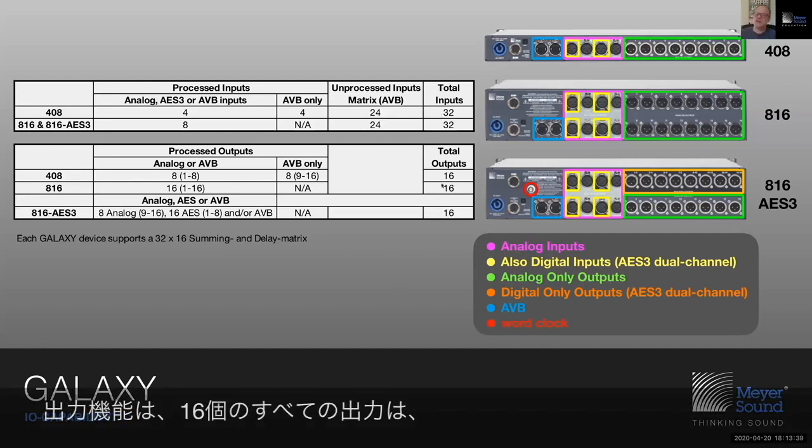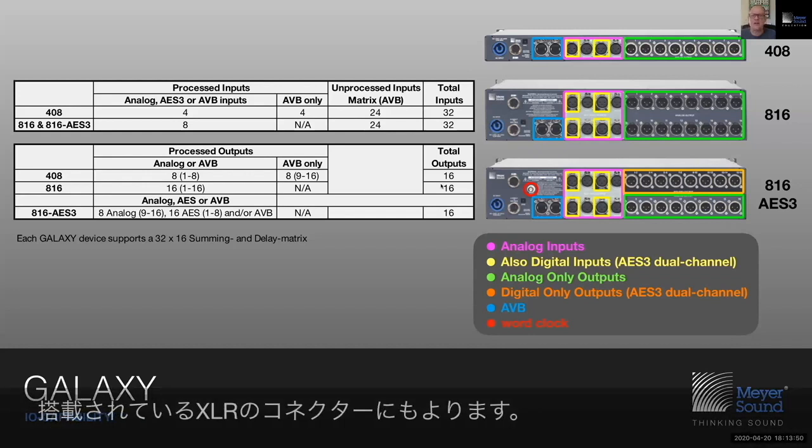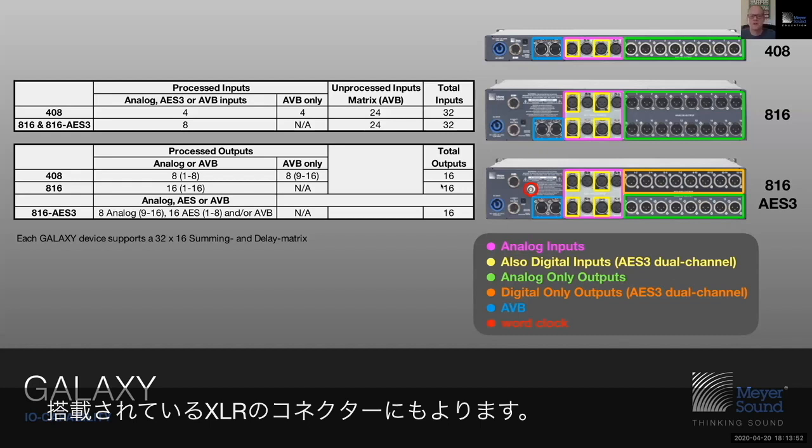As far as output capability is concerned, all of them have 16 outputs, also made possible by AVB. Not necessarily in terms of physical XLR connectors, but in terms of AVB capability, there are 16 outputs.